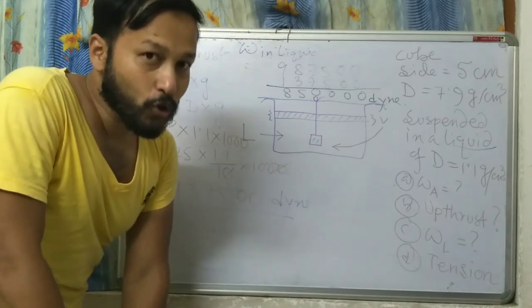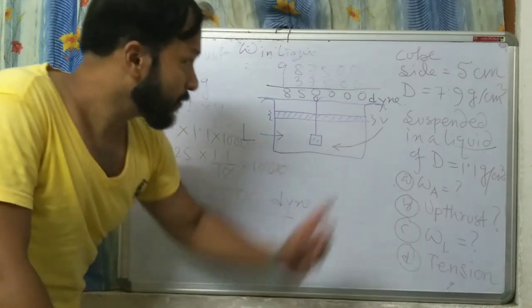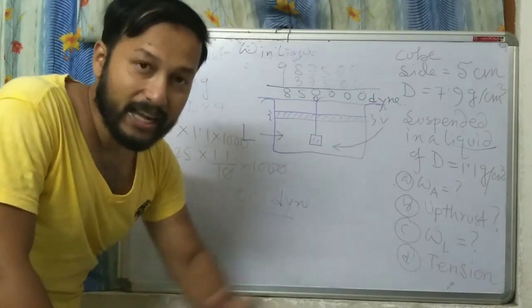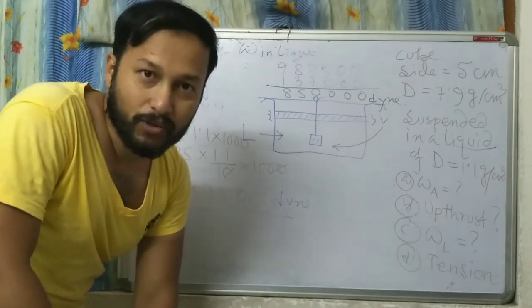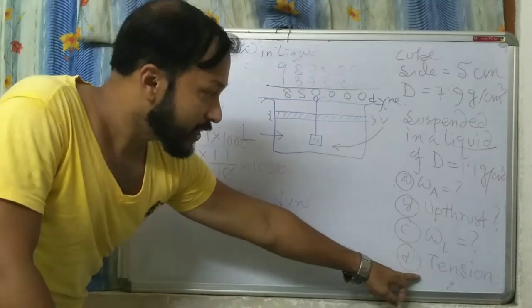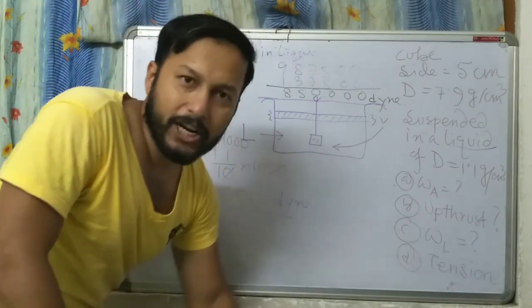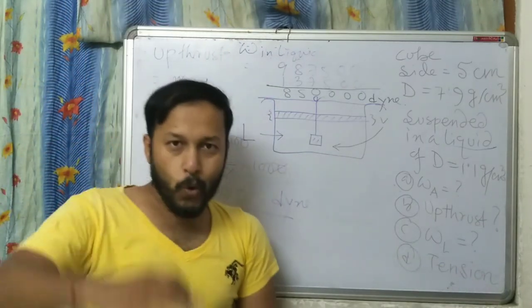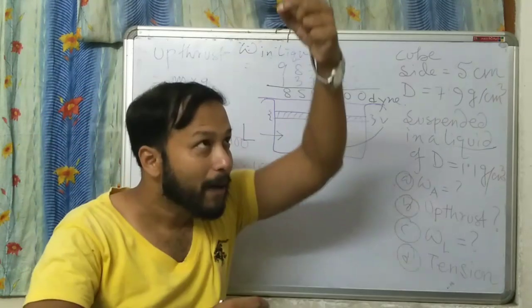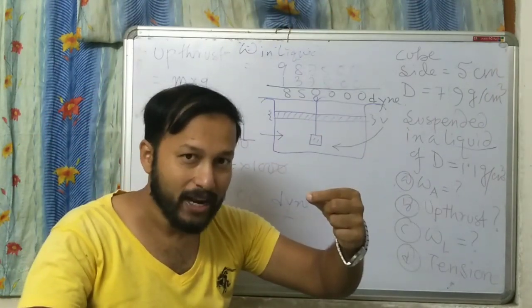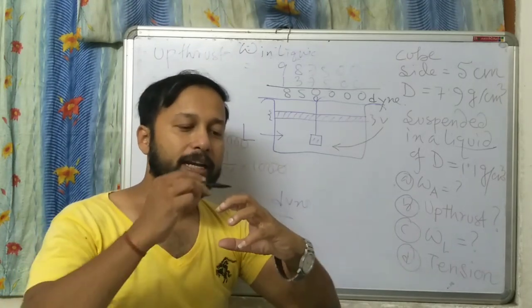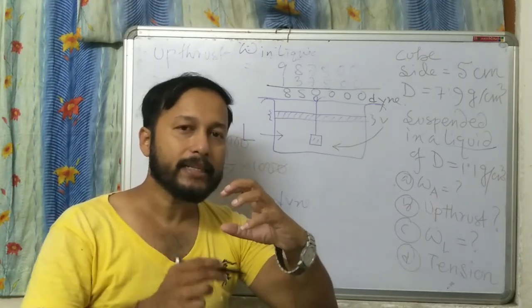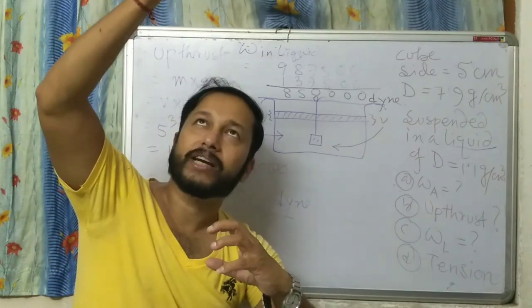Okay. So what is the weight in liquid? This one. What is the weight in air? We have already calculated. What is upthrust? This is the upthrust. Now the last portion is tension. Tension means when you are hanging something by using a thread. Say this is an object, and you are hanging this object by using a thread.